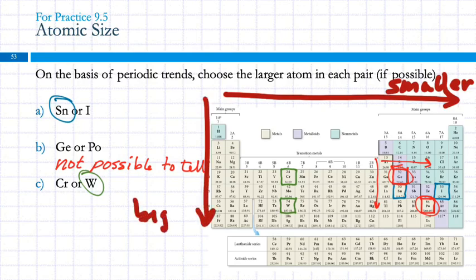Is it more attractive from left to right? Yeah, so as we're going across here, we're putting electrons in the same floor of the hotel. So they're roughly the same distance from the nucleus. But the nucleus has more and more charge, and so they get pulled in. It's a better celebrity in the middle there. Going down, we're putting electrons into higher floors on the hotel, so obviously they're going to be further away.